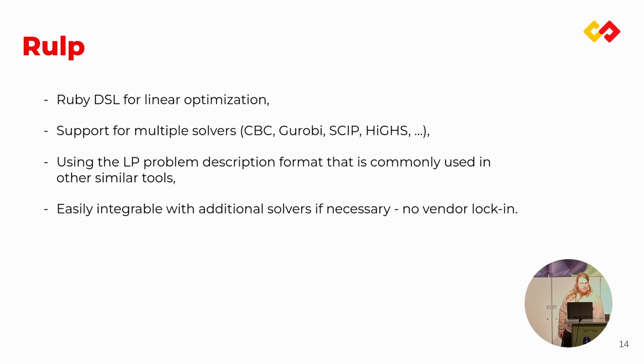RULP is a Ruby DSL for linear optimization. It supports multiple solvers like CBC, commercial ones like Gurobi, or in our case HiGHS, and it uses the LP format for describing the problem.